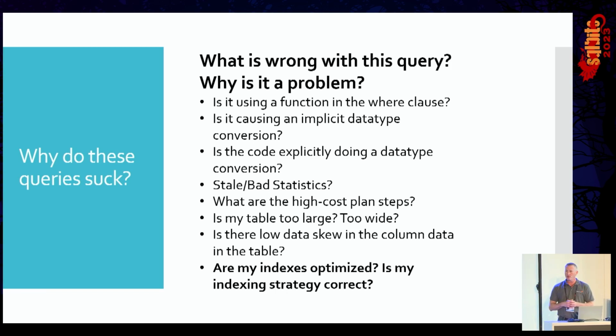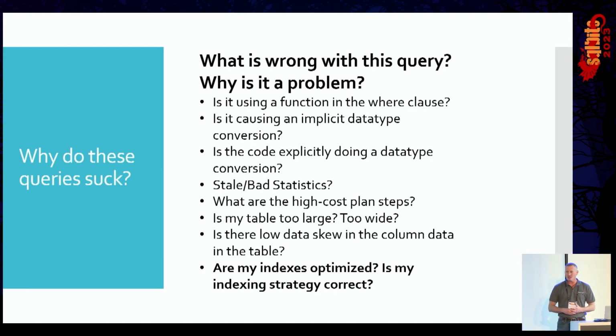Statistics could be bad or stale, so the optimizer doesn't have good stats to work from to make good decisions. What are the high-cost plan steps? Is my table too large, too wide? That comes down to a data modeling issue. The next one is kind of interesting, and I'm not going to dive into it much: data skew. Do you know the data skew in your problematic objects?